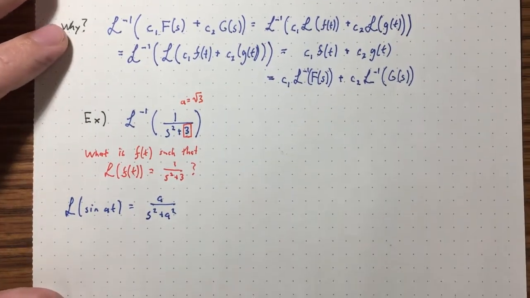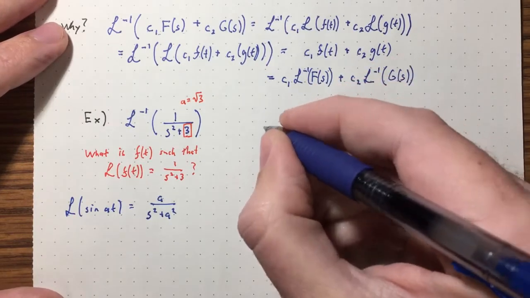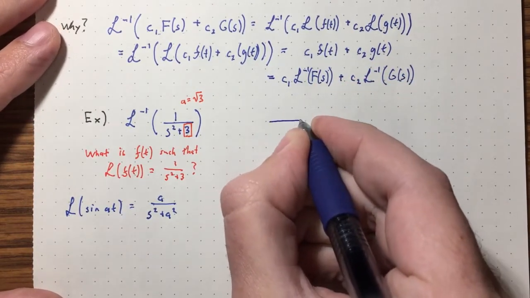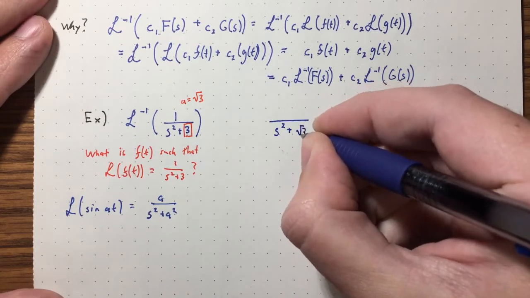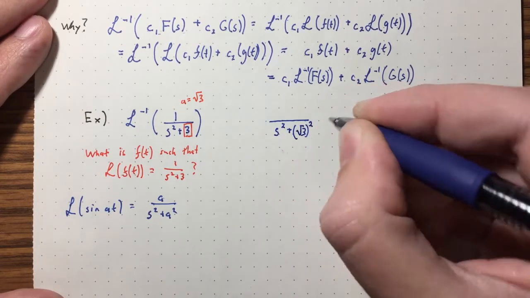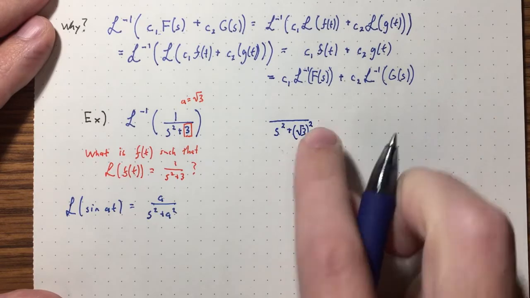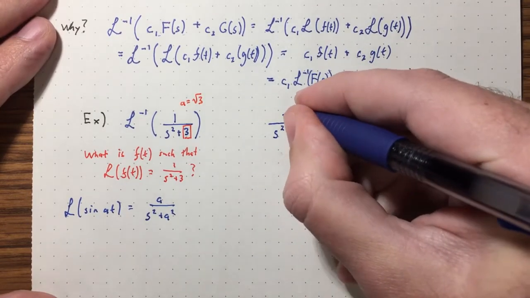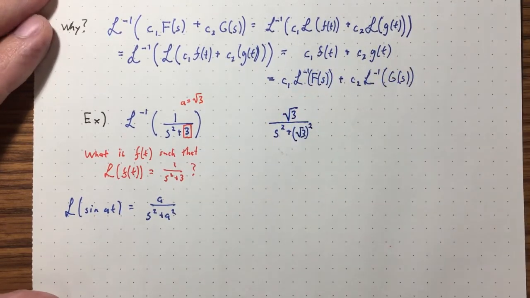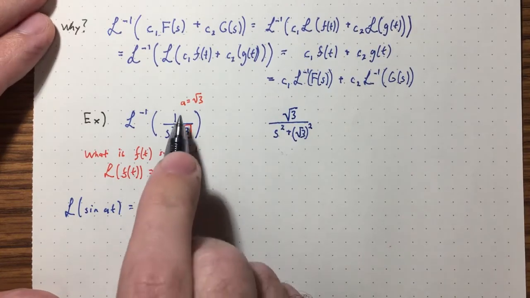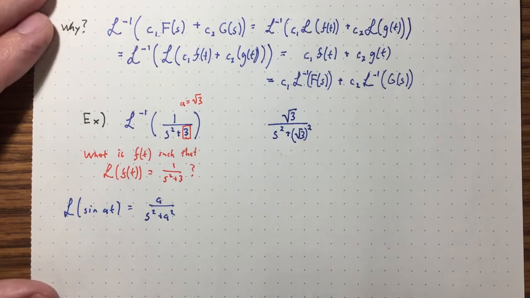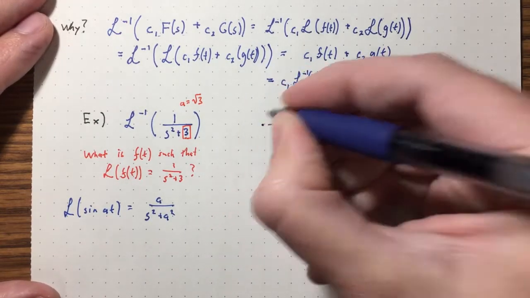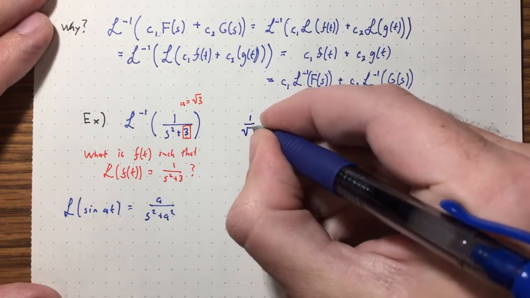But that's easy to arrange. And here's how you do it. So I'll write this as s squared plus, just to make it very clear, the square root of 3 squared. So that's my a squared. And now I want a to be here, so I'm just going to put it in. But I can't change the problem. So I start with a 1 there. So do you see what I have to do in order to keep it the same problem? I just multiply by a 1 over square root of 3.